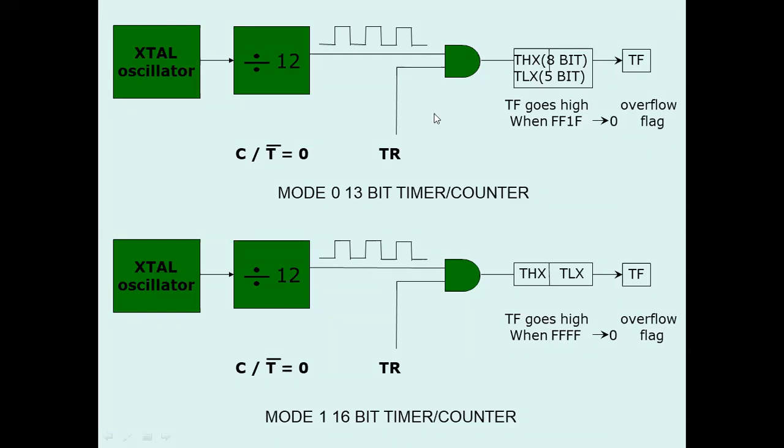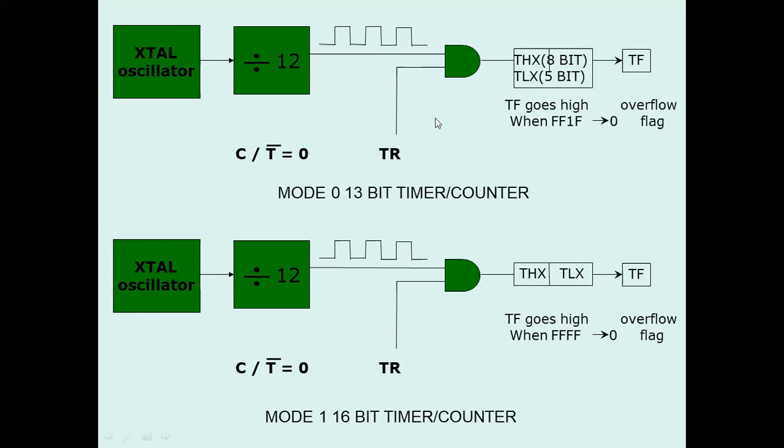Okay. So we'll be starting from the last day, whatever we have ended, like the different timer and counter modes that are available in 8051 microcontroller. So by this, we have seen that there are four modes available in the 8051 microcontroller.